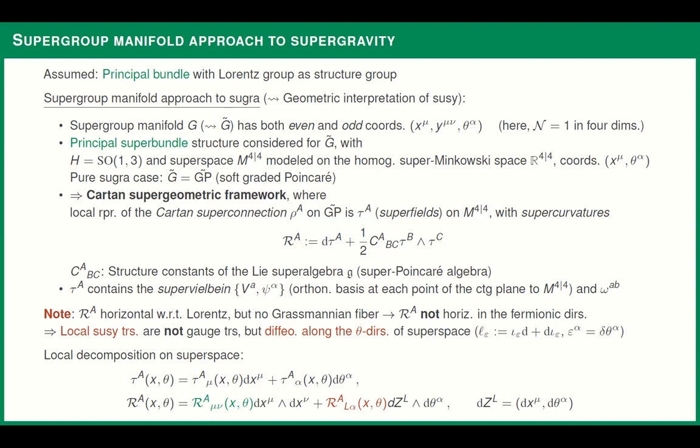Those are called inner components, and are also the supercovariant field strengths of the supersymmetry literature, while those are called outer components in the supergroup manifold literature.